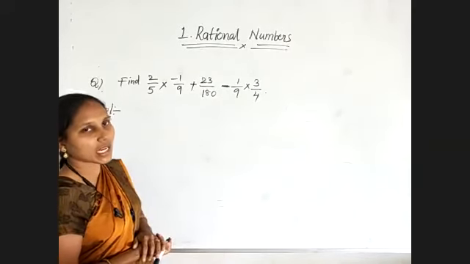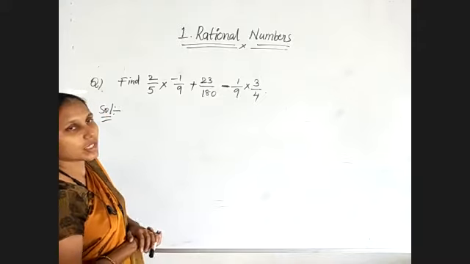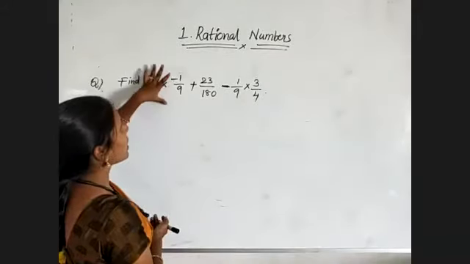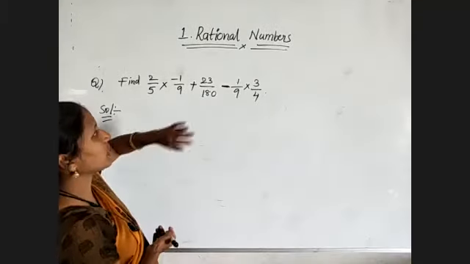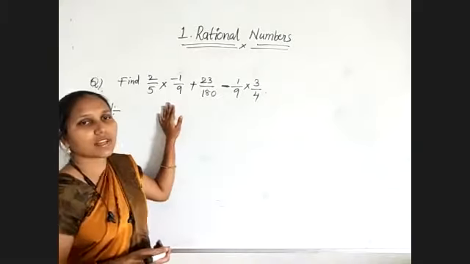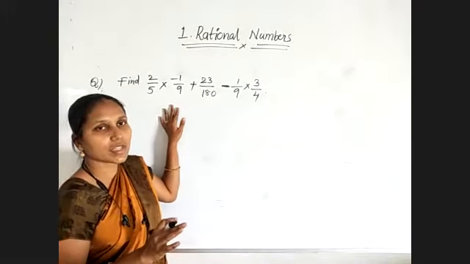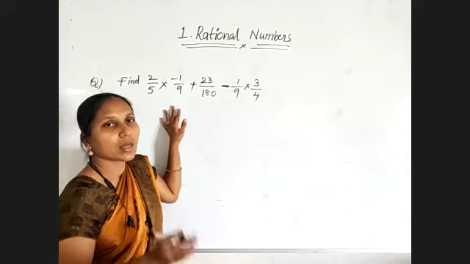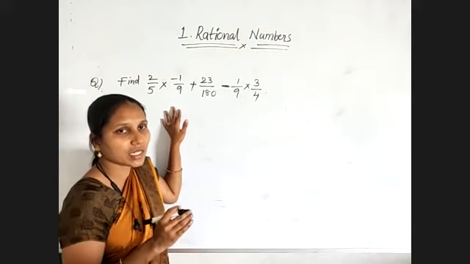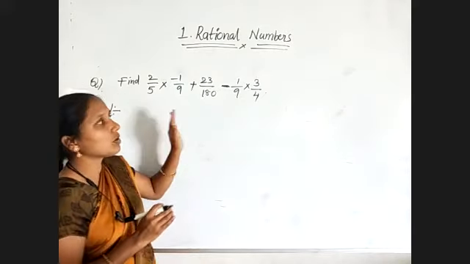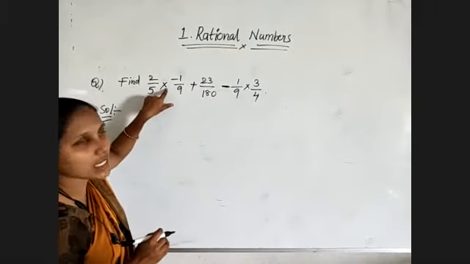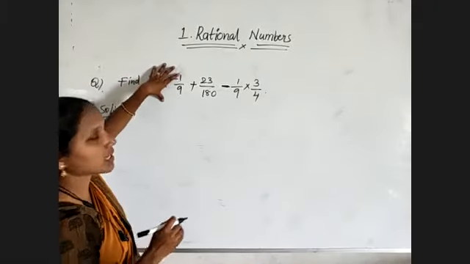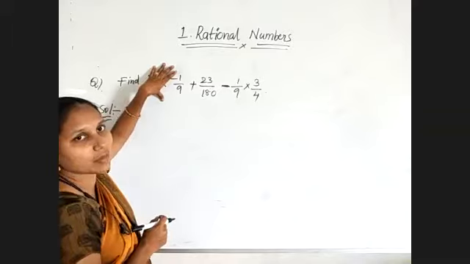First, we will arrange the numbers in a manner. How many terms are there in this question? Identify. Multiplication and division do not separate the terms. Plus and minus separate the terms in the given question. Between these two numbers, multiplication is there, meaning these two numbers represent only one term.